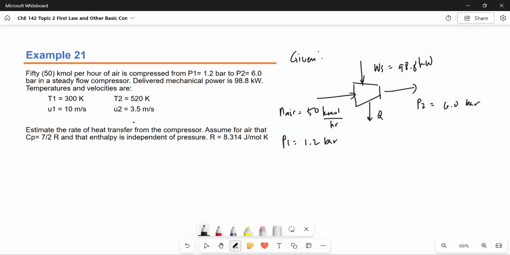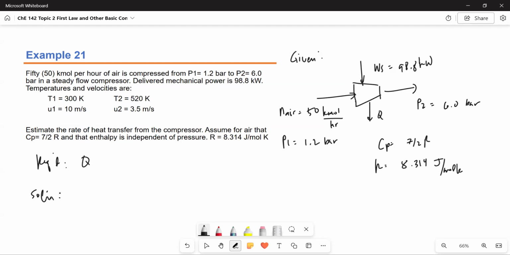Okay, so given T2 and V1. Cp is 7 halves R. R is the gas constant, and R is 8.314 joules per mole Kelvin. What else? Okay, we're being asked for Q.